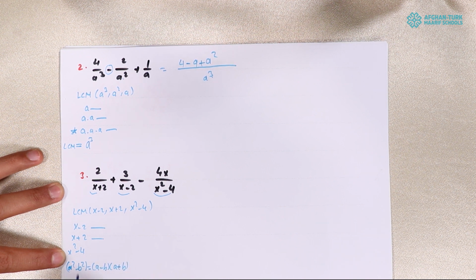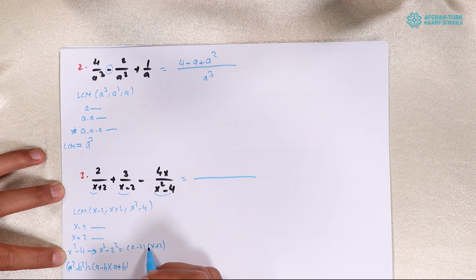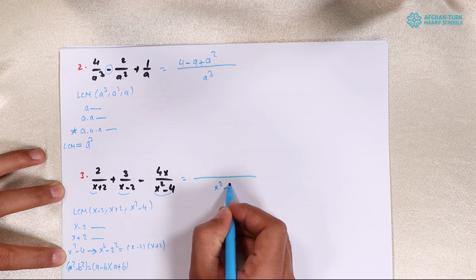Am I right? So in here, x squared minus 4 is equal to x squared minus 2 squared. Then it equals x minus 2, x plus 2. So the LCM is x minus 2 times x plus 2. It means x squared minus 4.